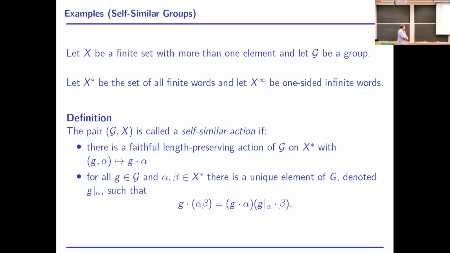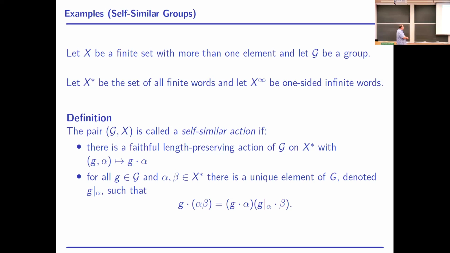So I'd like to end with an example. This is another example we've heard already today: self-similar groups. So I'm going to go into a bit more detail and use, unfortunately, very different notation. So let X be a finite set with more than one element, and let G be a group. Let X star be the set of all finite words, and let X infinity be one-sided infinite words.